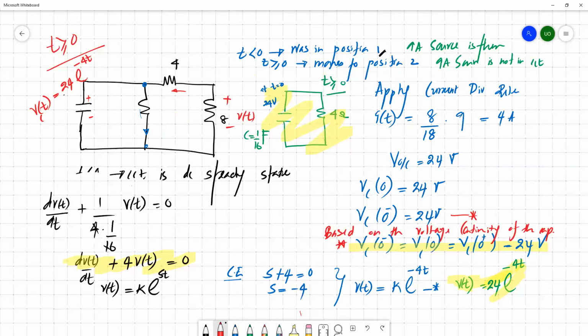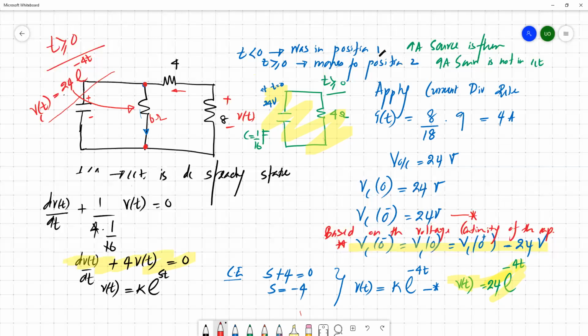So what about the voltage across this 8 ohm? If this is the voltage across the capacitor, the same voltage appears across this resistor as well. So the voltage across these two terminals varies according to this.